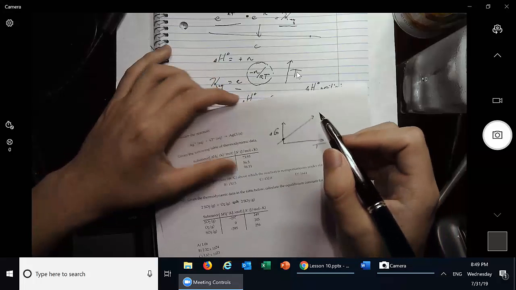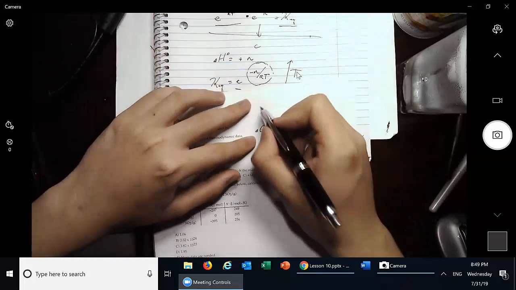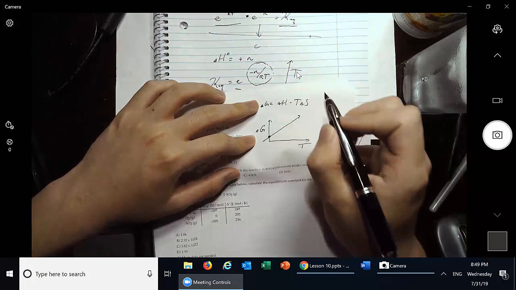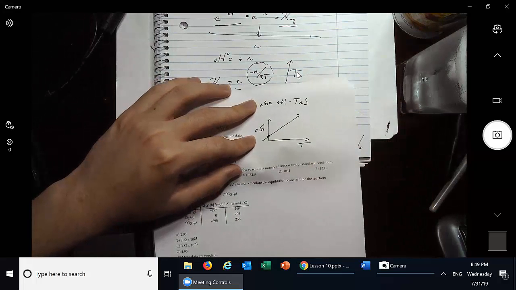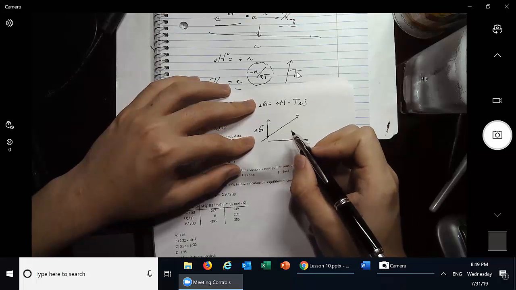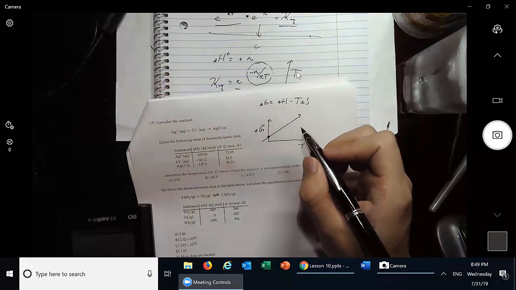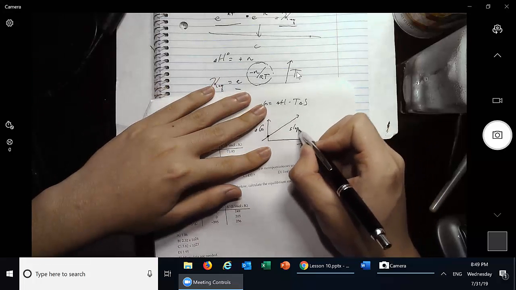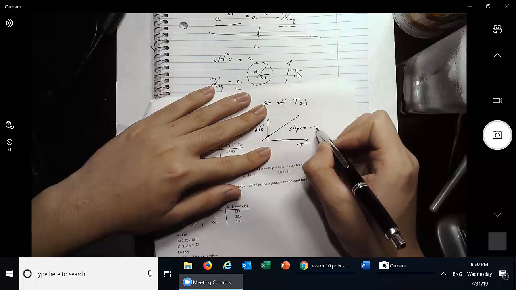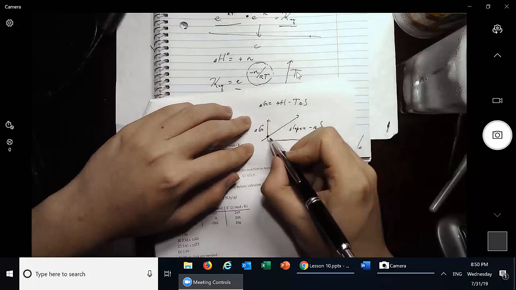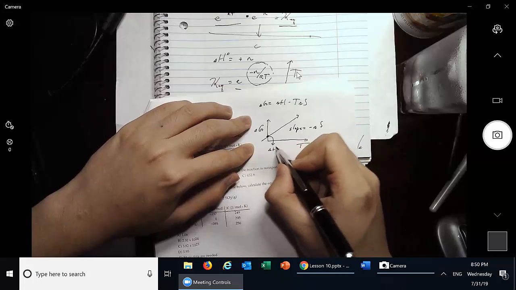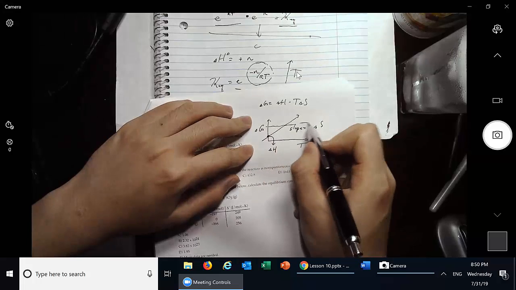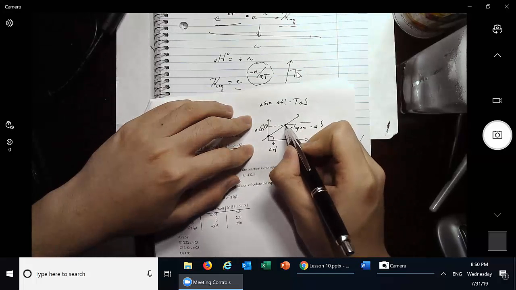So delta G equals delta H minus T delta S. This slope equals negative delta S, and the y-intercept is delta H. So we want the point where this equals 0.